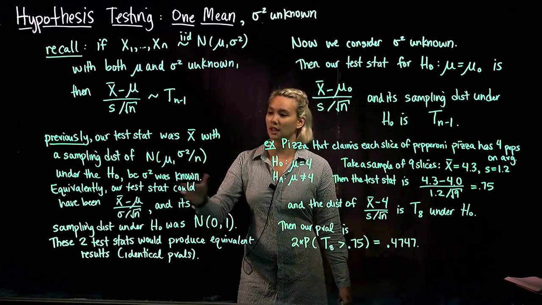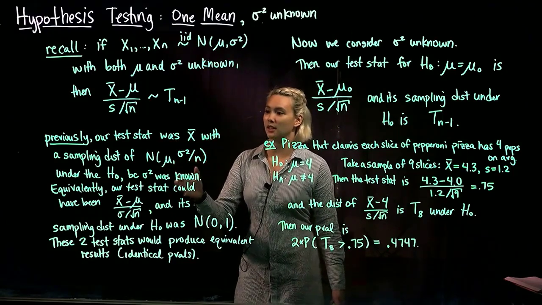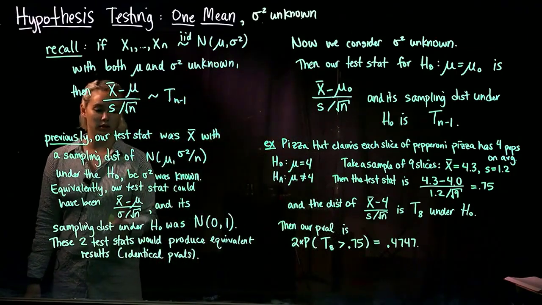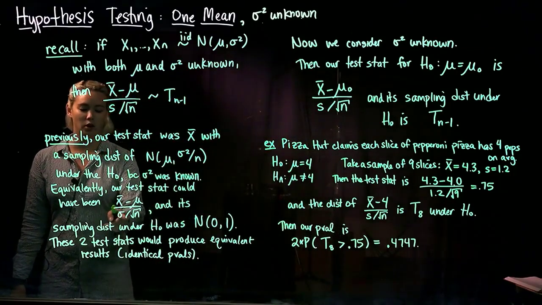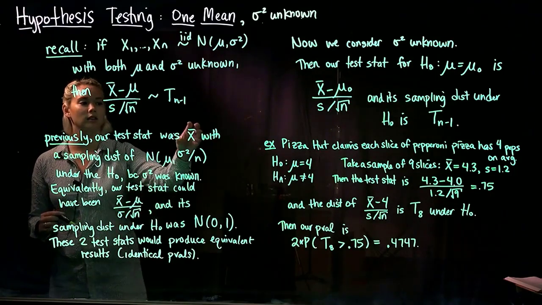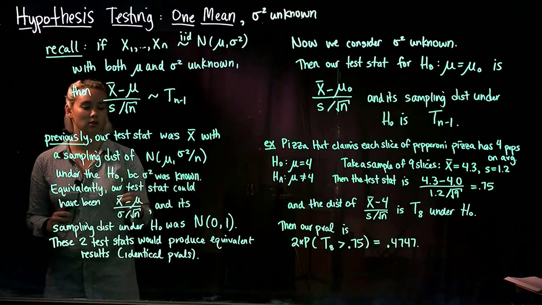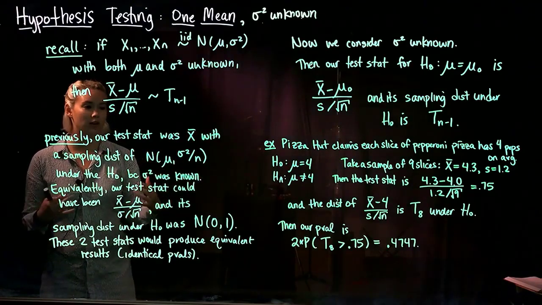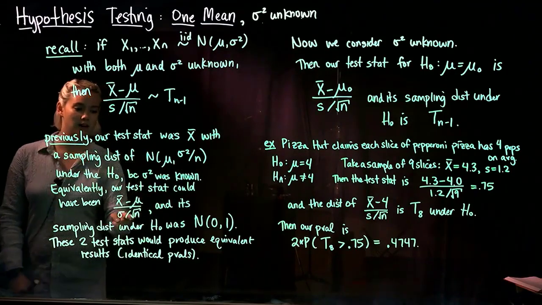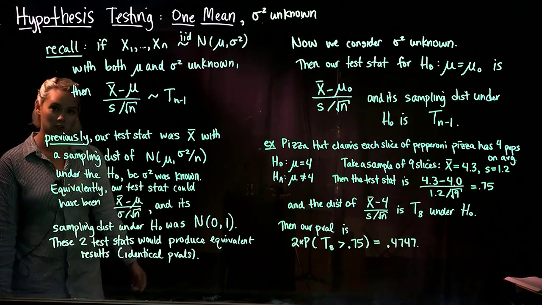We would get the same results if we had a test statistic of x bar minus mu under the null, divided by sigma over root n. In other words, we could have had a test statistic of x bar with this sampling distribution, or a test statistic of x bar minus mu over sigma over root n, and its sampling distribution would have been a standard normal distribution.